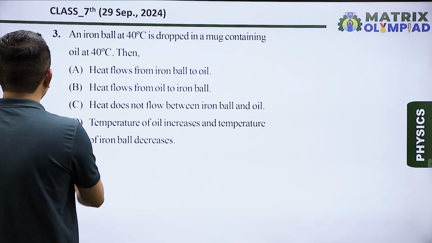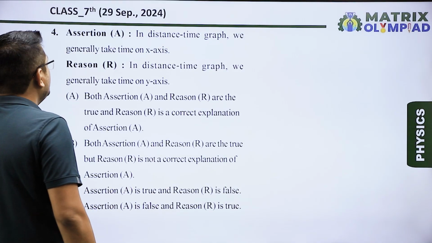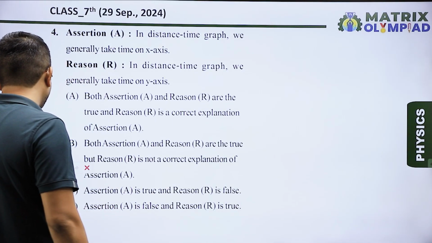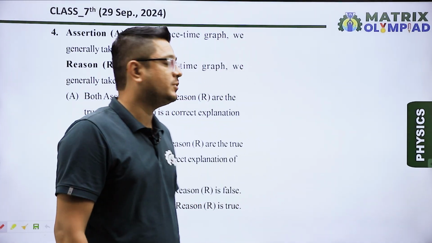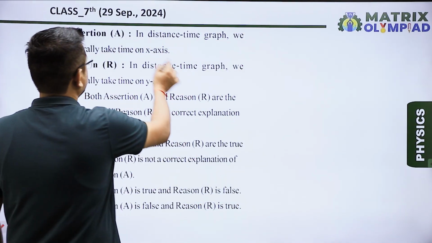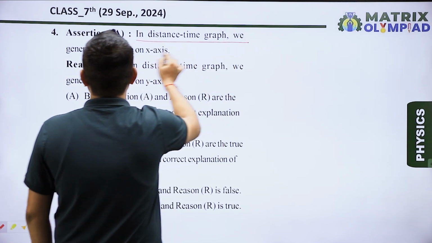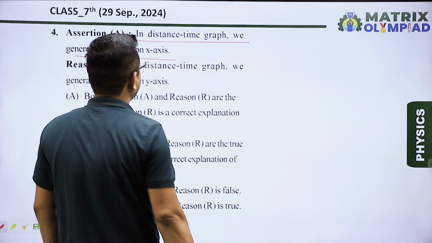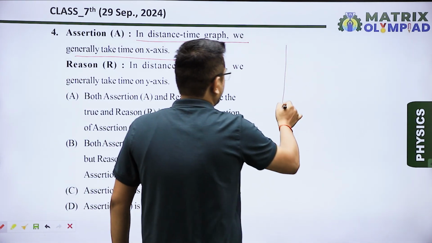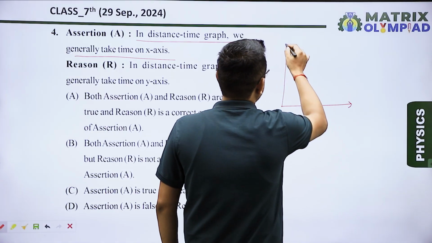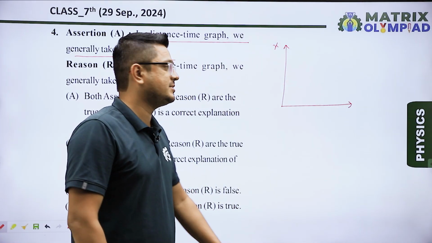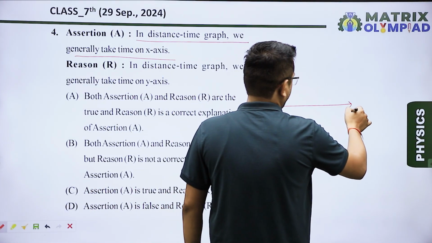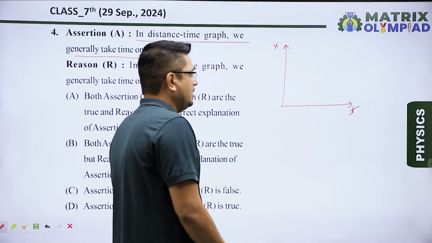Next question, question number 4. In question number 4, there is an assertion and reason, and we have to check which is correct or incorrect. Let's read the assertion. In distance time graph, we generally take time on x-axis. Yes, generally whenever you are making a distance time graph, we take y-axis as distance while x-axis as time.